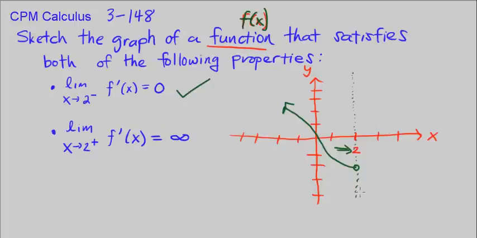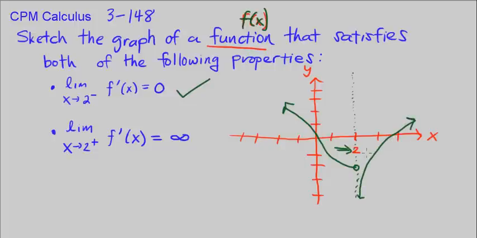So that means our line shouldn't look like this, because as we're approaching from the right, this is a negative slope. It's becoming negative infinity, we might say. So the best thing to do would be to say it's going down like this, right?